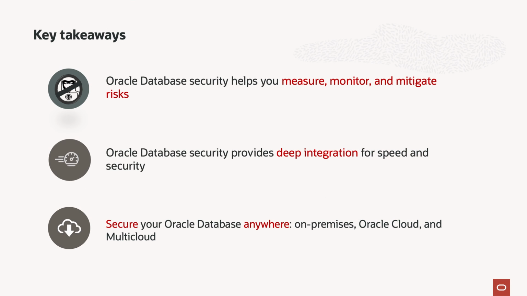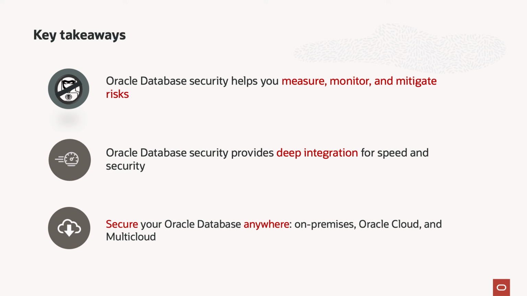So to summarize, Oracle is here to help you meet your security objectives. First, Oracle Data Security can help you measure, monitor, and mitigate risks to your data. Second, because most of our security capabilities are built into the kernel of the Oracle database, our database security solutions are the clear choice. This includes encryption at rest, separation of duties, auditing, monitoring, and data masking.